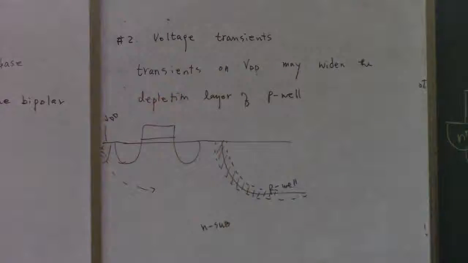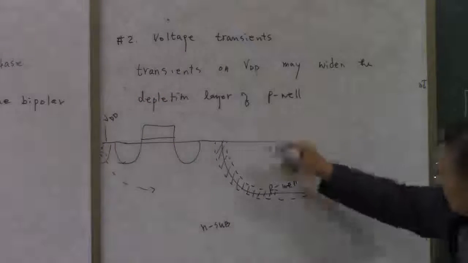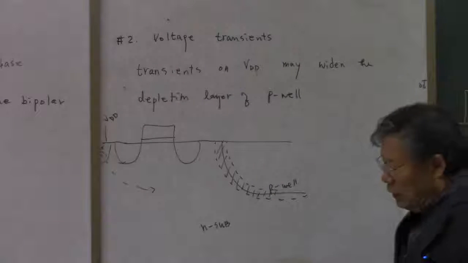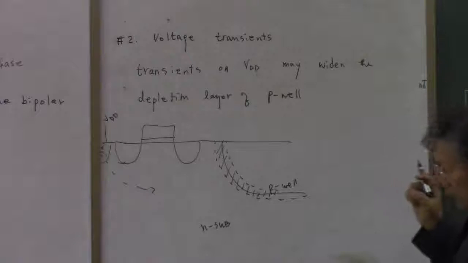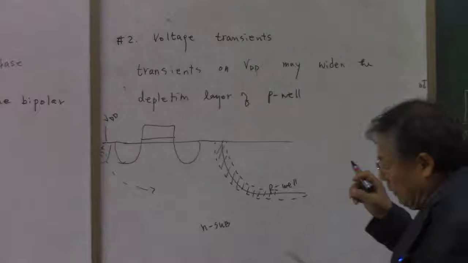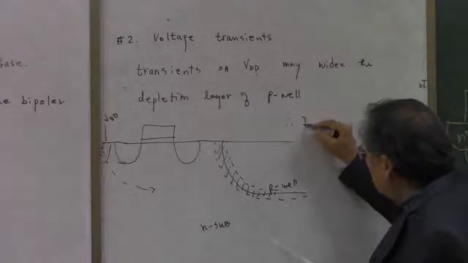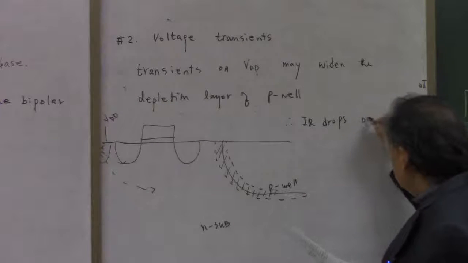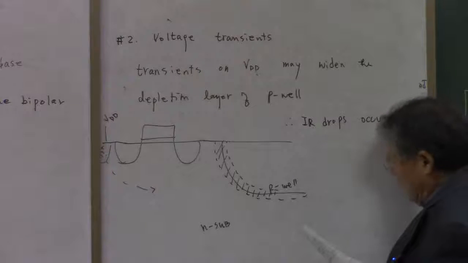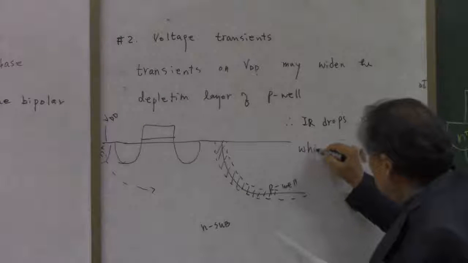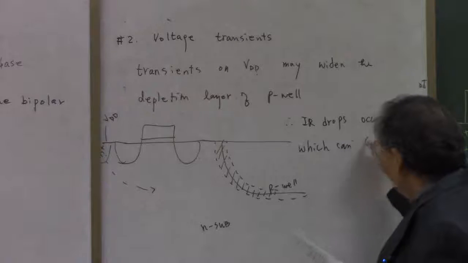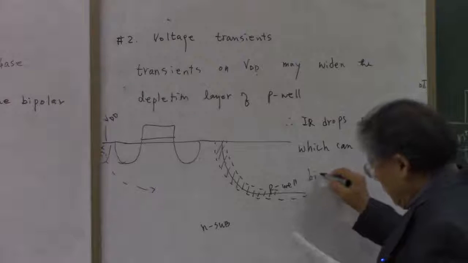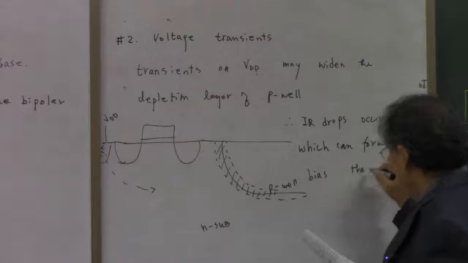Okay, this potential may affect the bipolar transistors and the vertical bipolar transistors, so that IR drop occurs, which can forward bias the junction.